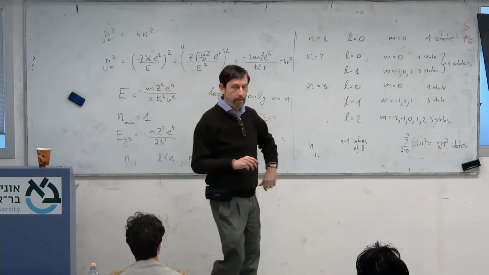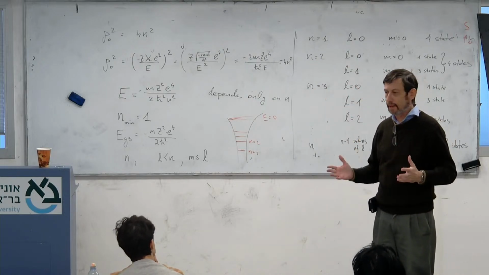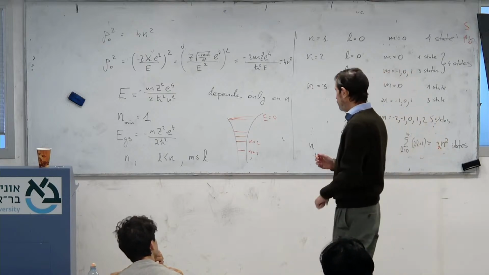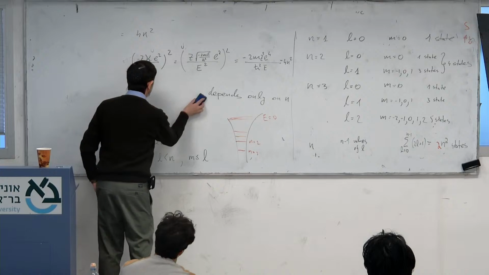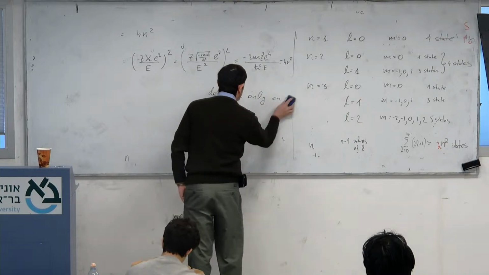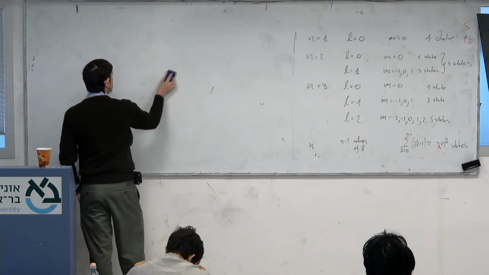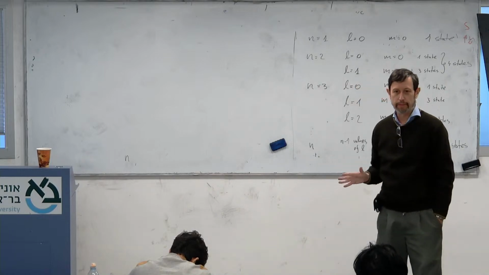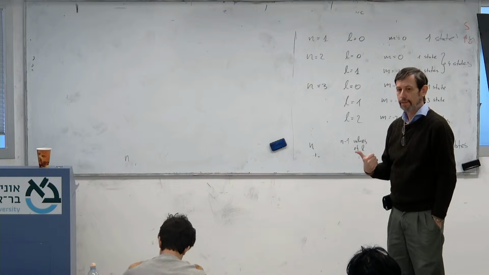The periodic table is just filling up the number of electrons according to the states that are available. Let's start doing the first couple of periodic table states. Hydrogen.